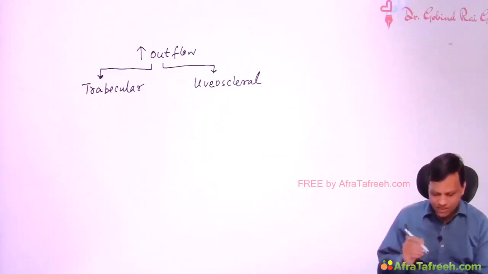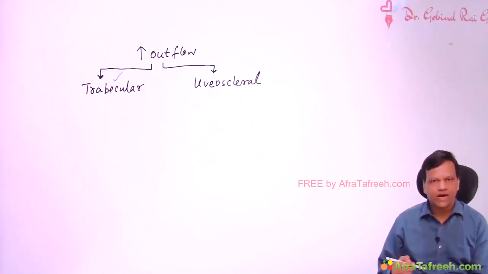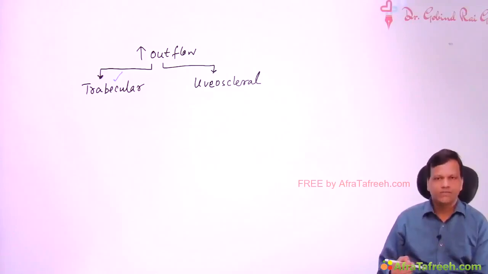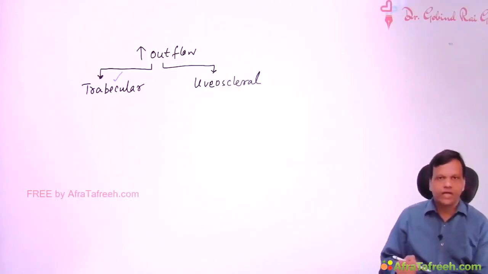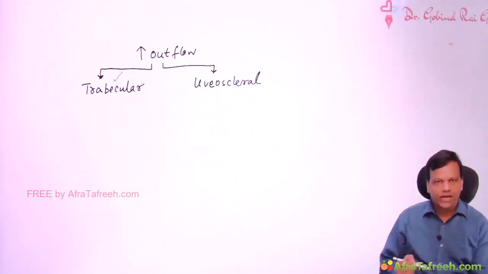The major pathway is trabecular outflow, and it is in the area present in the angle. So we divide the glaucoma into open angle and closed angle because it is this iridocorneal angle which contains the drainage point, and that drainage point is called canal of Schlemm.